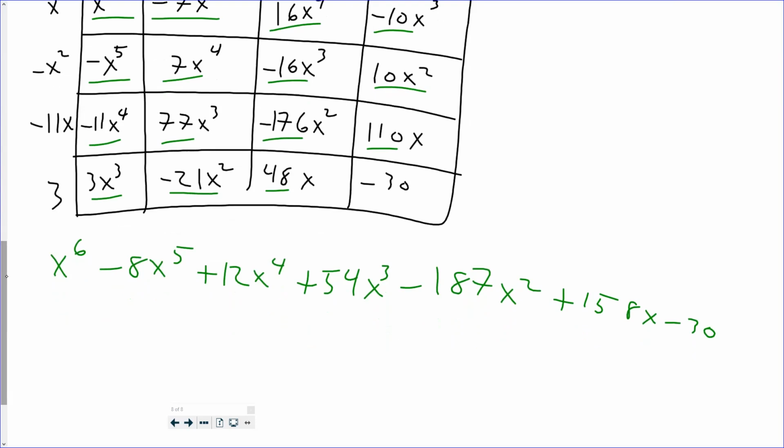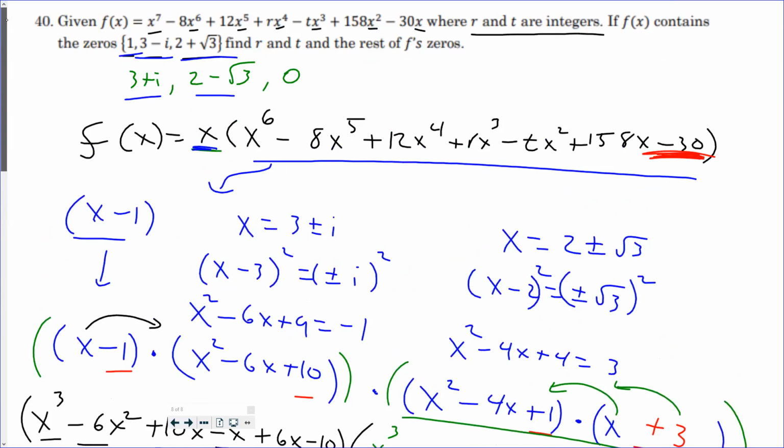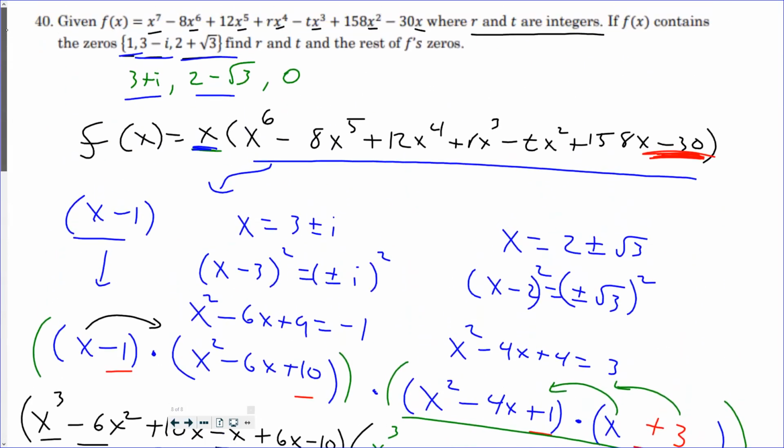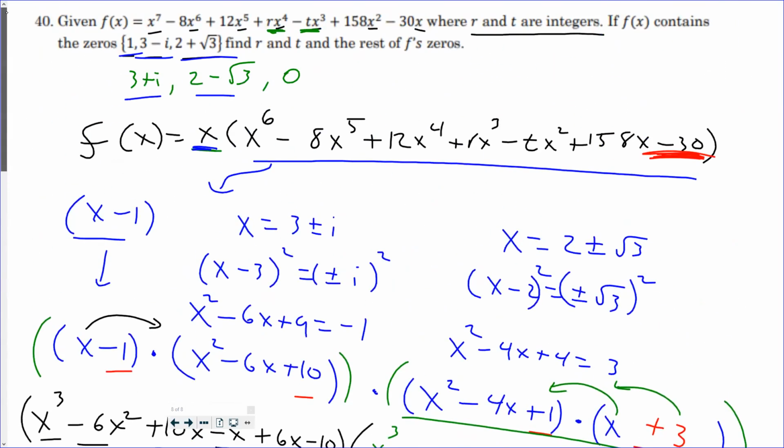So if I take this and compare it to the original, I have pretty much the same exact thing, right? Except I know what my missing r and t are going to be. That's for the 4th degree and the 3rd degree. Oh, sorry, we're using the 6th one, so it's the 3rd and the 2nd one we're worried about.